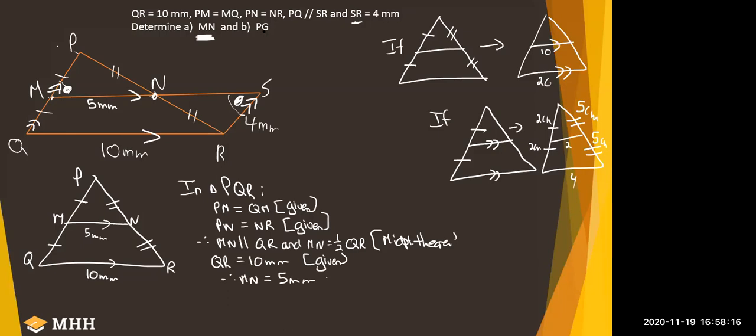Next one, we must figure out PG. Oh, I suppose it was PQ because I don't see a G. Okay, so it was this one, PQ. How can I figure out this side? This one is 5. This one is half of that one and it's parallel.